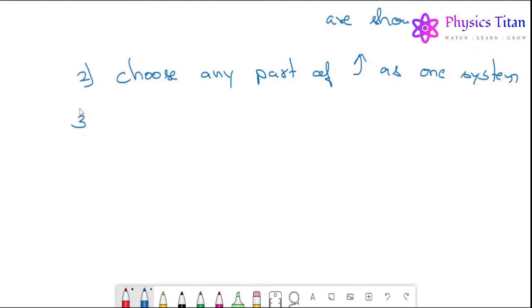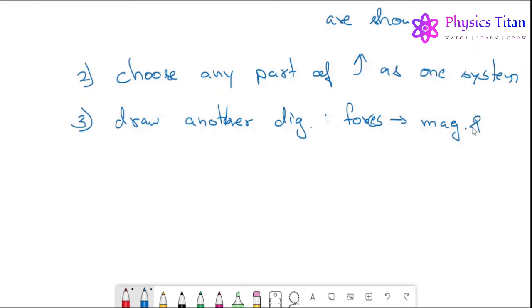Okay, and then for this chosen system, draw another diagram in which all the forces along with their magnitude and direction is shown. And for the unknown forces, we will specify the direction logically. Okay, we will see how.